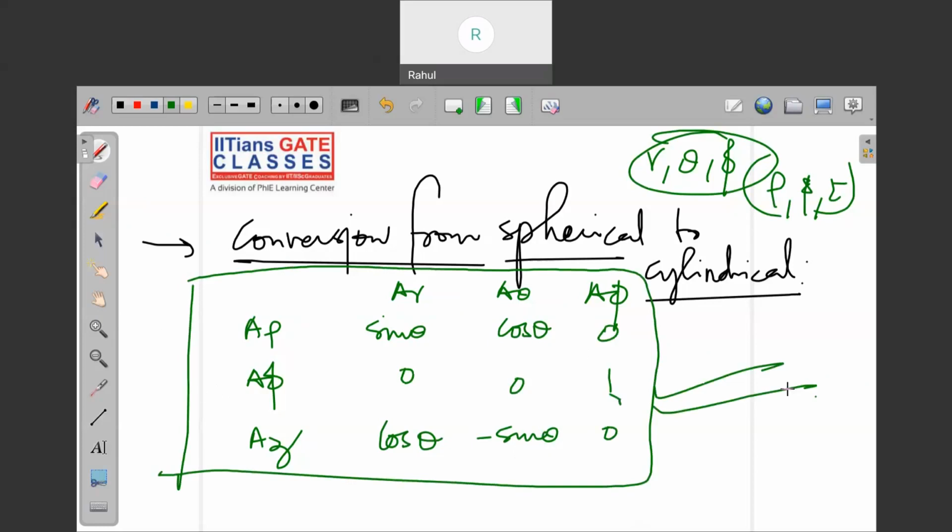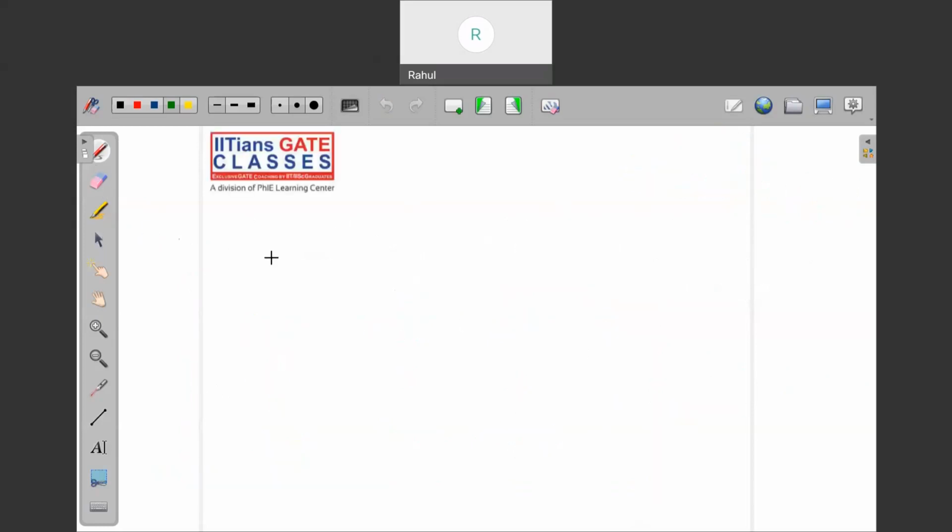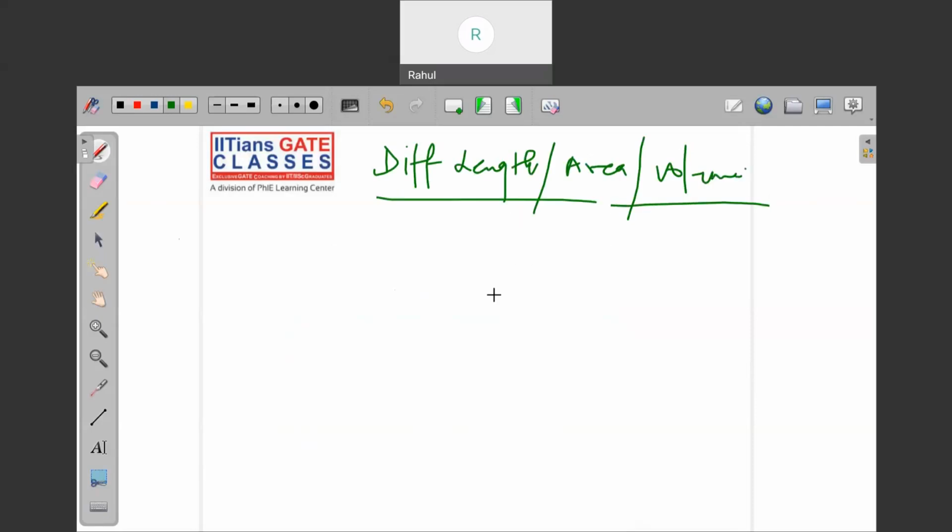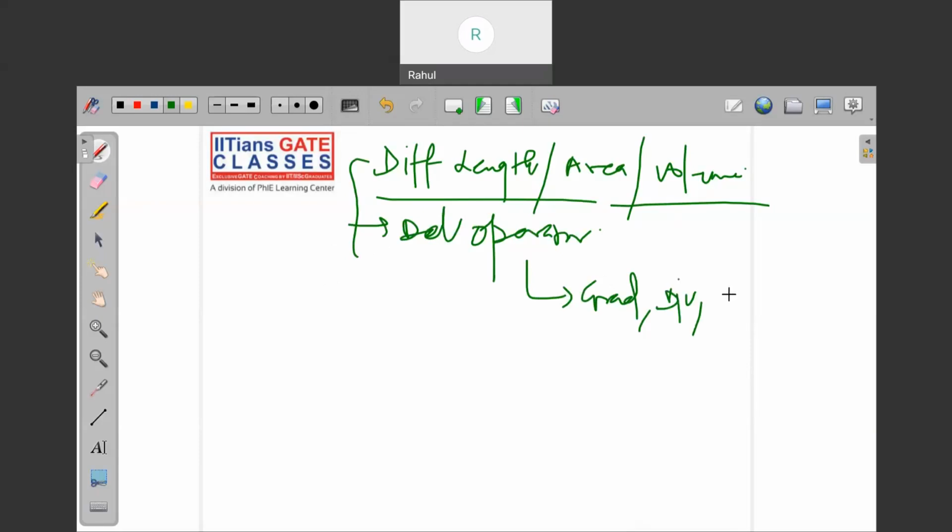So this is what I want to discuss today. In the next class, we will be talking about differential length, area, volume, and we will try to discuss various problems. We will discuss del operators: gradient, divergence, and curl.